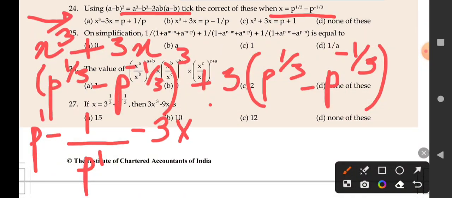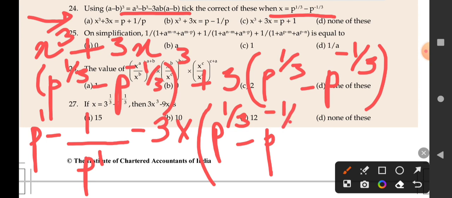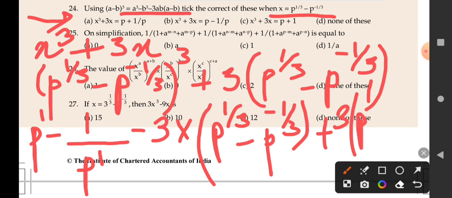3 into a minus b means p raised to 1 by 3 minus p raised to minus 1 by 3, and plus 3 into p raised to 1 by 3 minus p raised to minus 1 by 3.